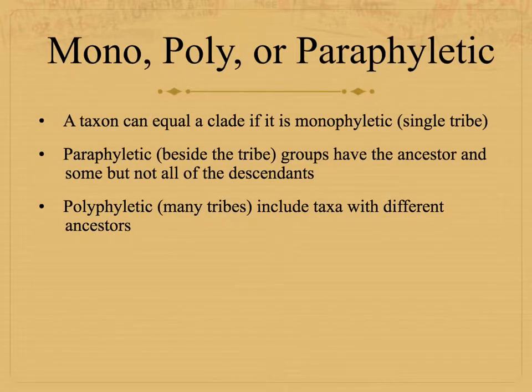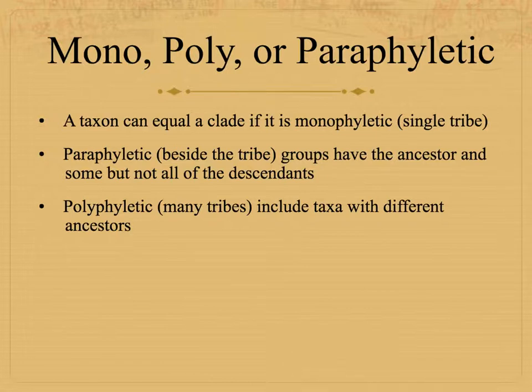Okay, so clades can be either monophyletic, polyphyletic, or paraphyletic. We can have a clade and a taxon being the same thing if it's monophyletic, which basically is a single tribe. So that would be the ancestor and all of its descendants.